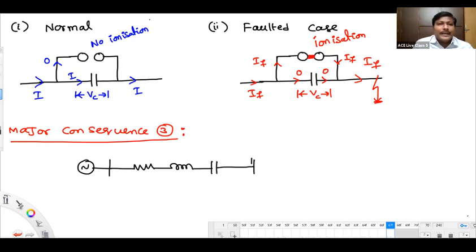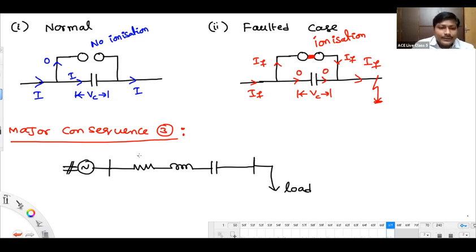At the end, we might have a load, and this is our generator. Presently we are using the spark gap across the series capacitor for protection.